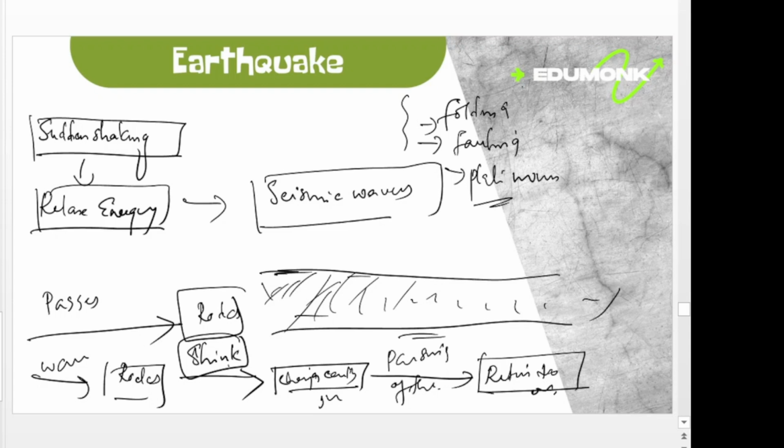Then after the passing of the wave, the rocks return to their original position. It makes shaking on the earth's surface.